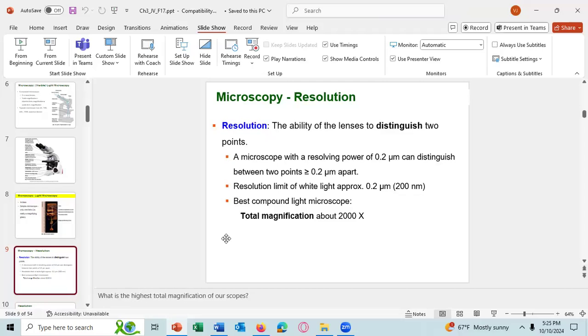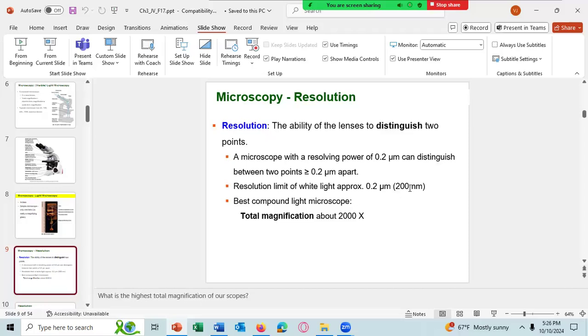The best compound microscope, like I said, can magnify 200,000 times. If they were to make a scope with higher magnification, it would be empty magnification, because 200,000 times gets down to the resolution of 0.2 micrometers, or 200 nanometers, and you can't magnify any further.